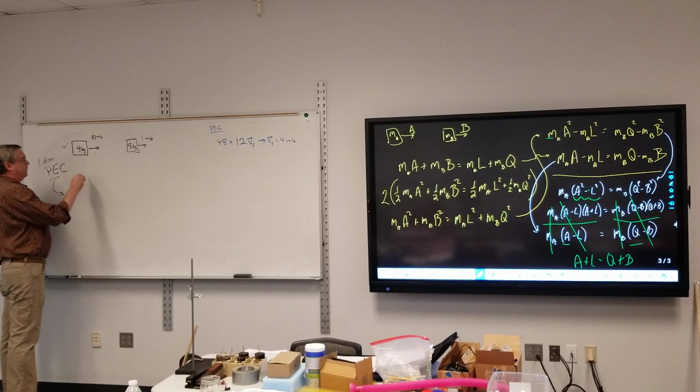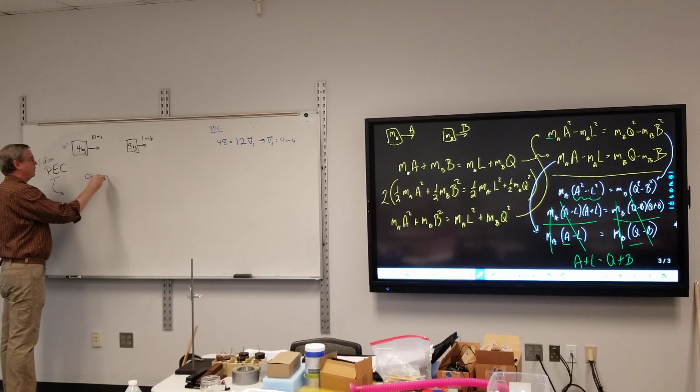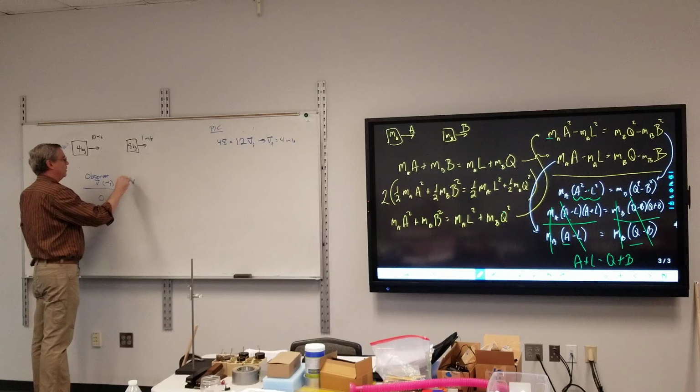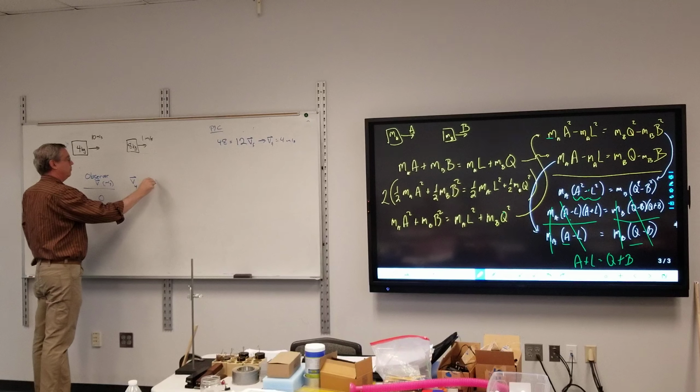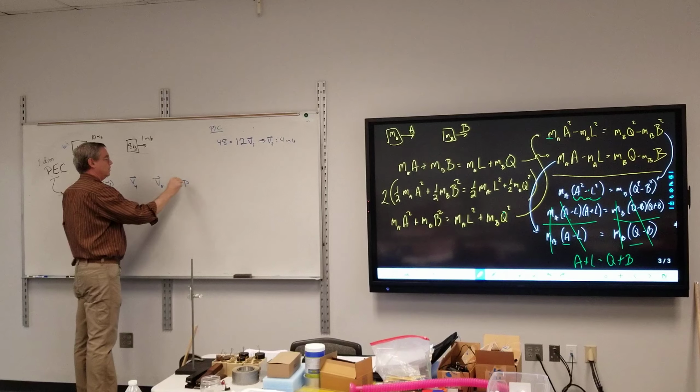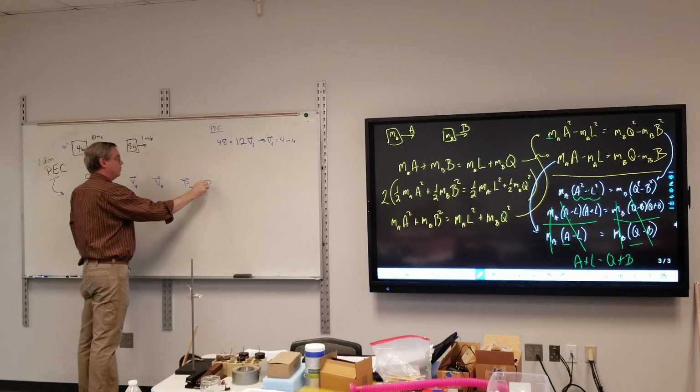All right, so observer velocity 0, velocity of 4, velocity of 8, P4, P8.